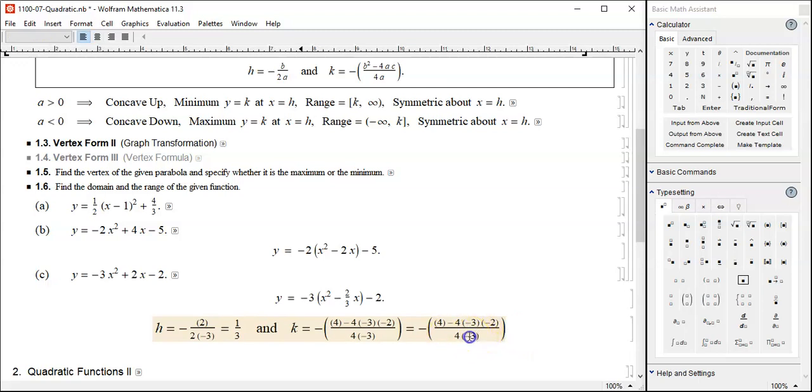This negative and that negative cancel each other out. We have 12, and then this is 4, and then we don't need too many negatives, just one is fine. 2 times 3, and then that's 24. So 4 minus 24, I'm going to get negative 20 over 12.